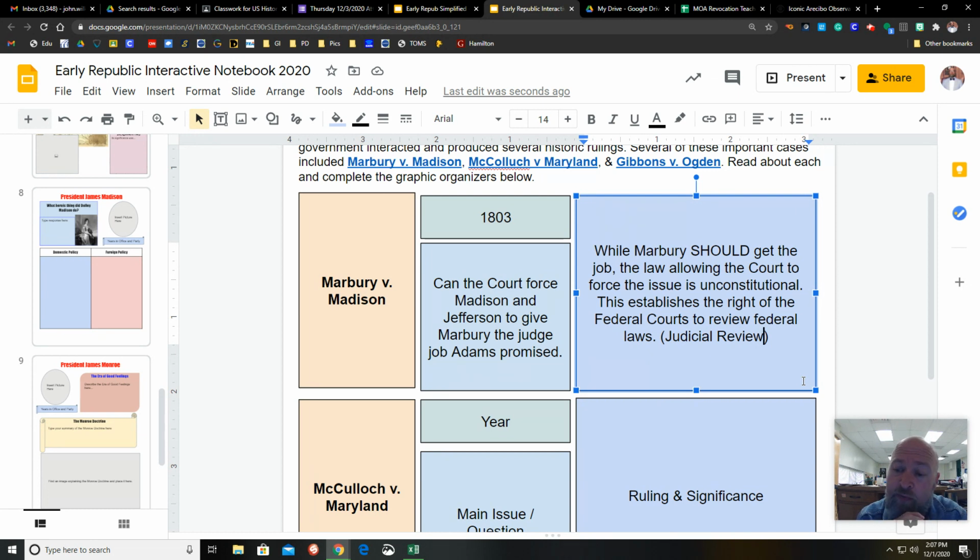If the other two branches violate the Constitution, we can stop them. And this has become incredibly important throughout the history of our country in the, what are we looking at? 217 years since then. So while the facts of the case are boring, the implication of the case is huge.